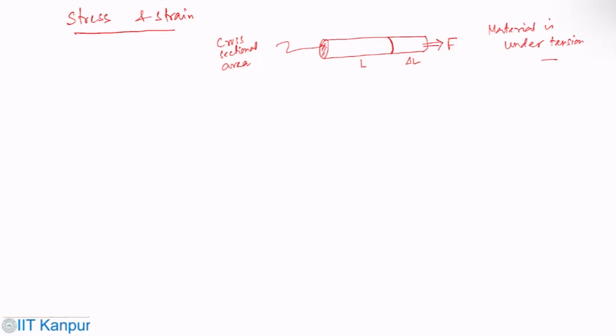Stress is sigma, which is force by area, and obviously the unit is Pascal. Strain we denote by epsilon, which is delta L by L. That means how much the length has increased.